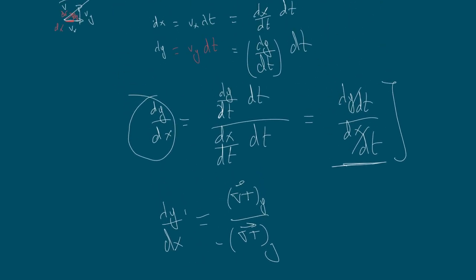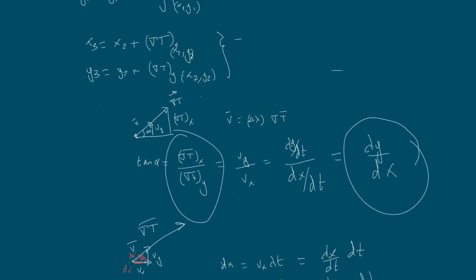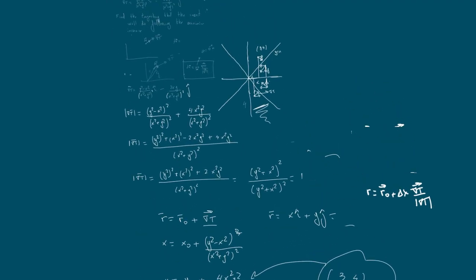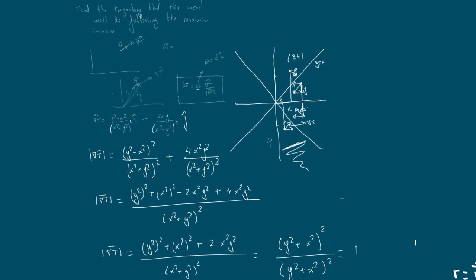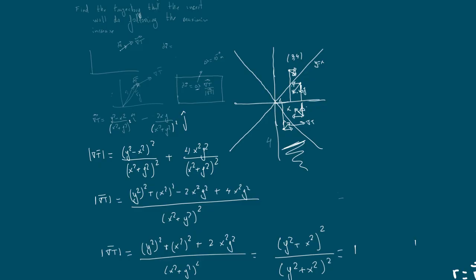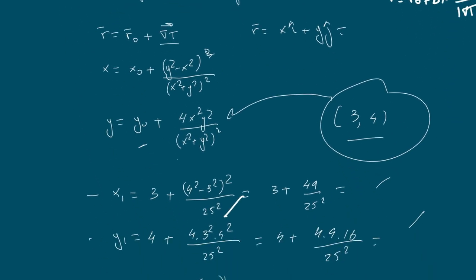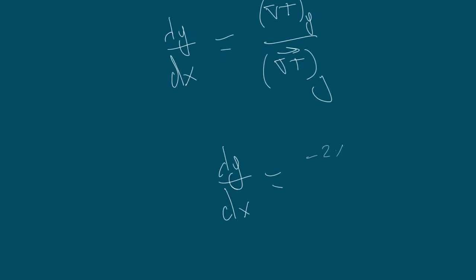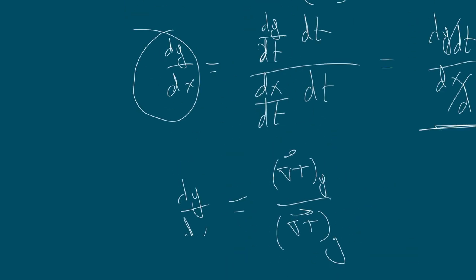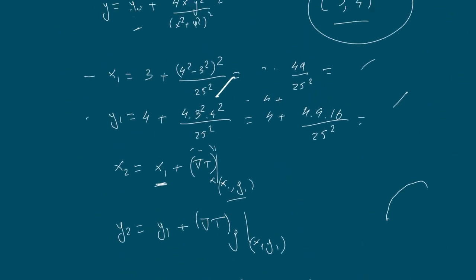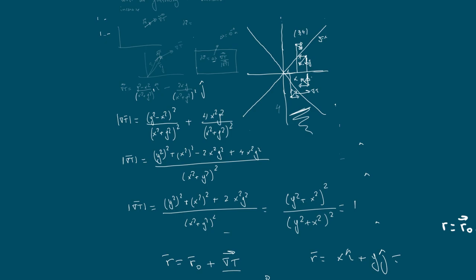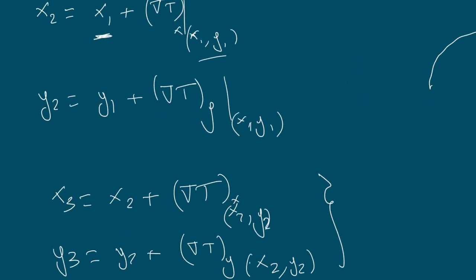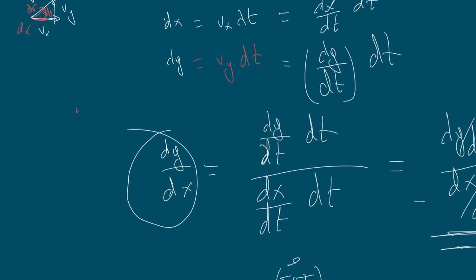The derivative of y with respect to x equals the component x of the gradient, which here is minus 2 times xy, divided by the y component, y squared minus x squared.